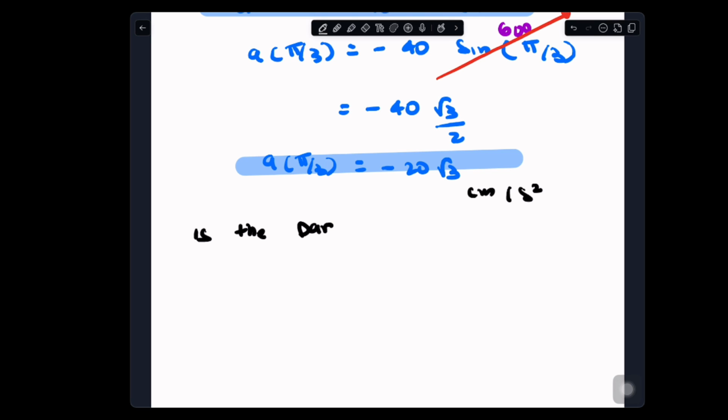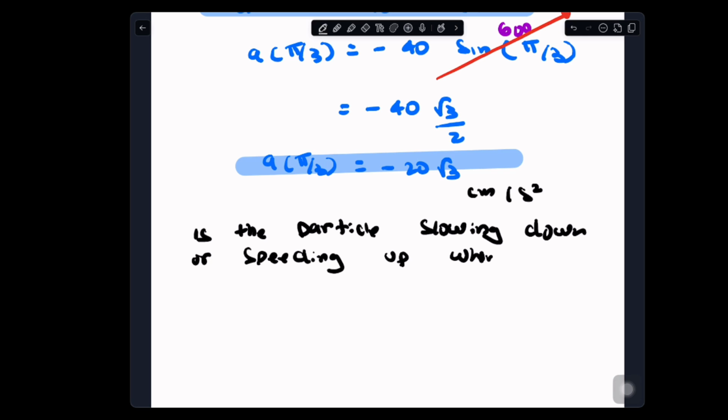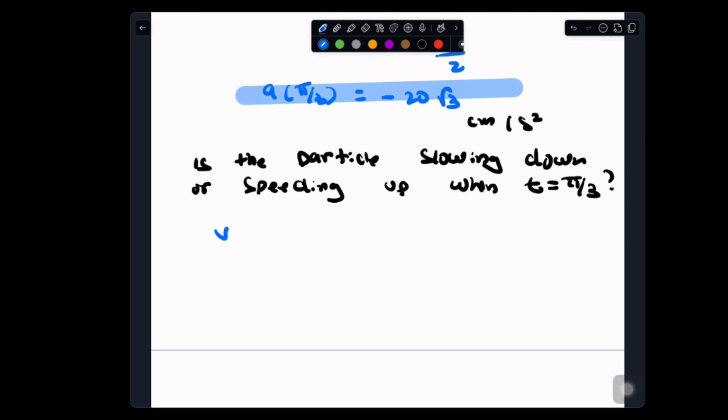Is the particle slowing down or speeding up when t is pi over 3? What do you guys have to know? Tell me the velocity. Tell me the acceleration at those instants, pi over 3.